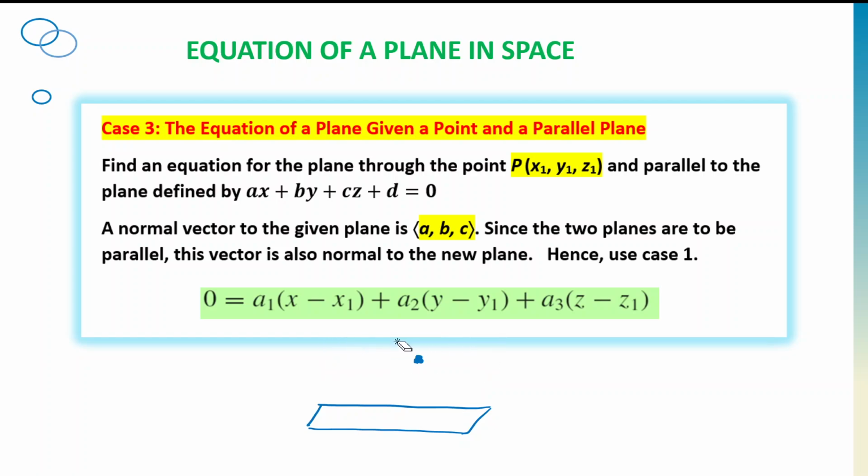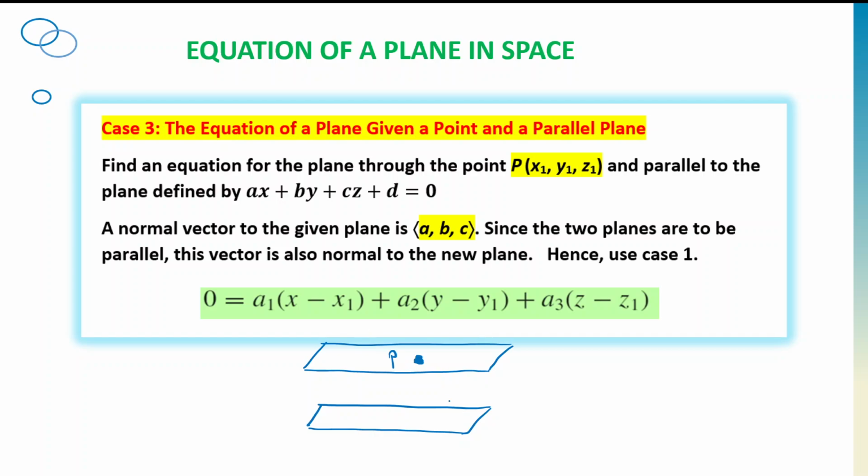Okay, let's try to make them look a bit more like parallel to each other. This is the point P. And this is the plane which is parallel to the plane where I have this point P. Now I'll use the other plane, I'll take the A, B, C in order to get the normal vector.